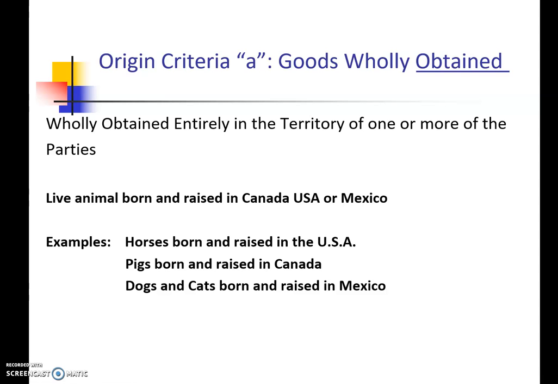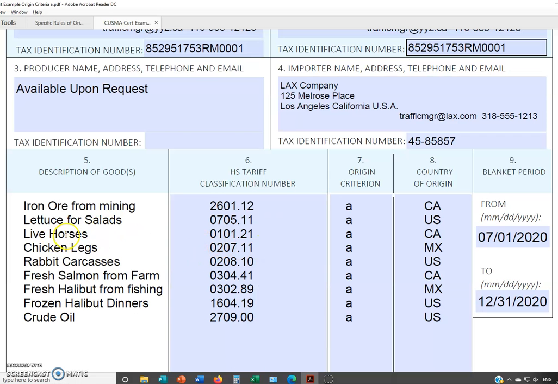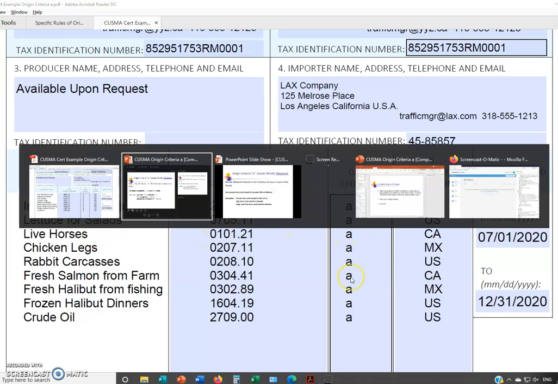These goods automatically qualify. They are wholly obtained. They're naturally occurring. And their origin criteria A. And here we have the example here, live horses, origin criteria A.